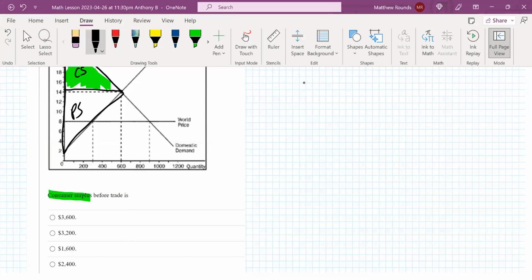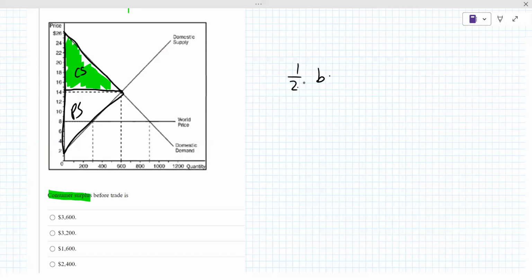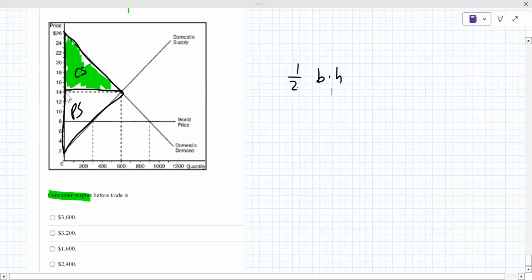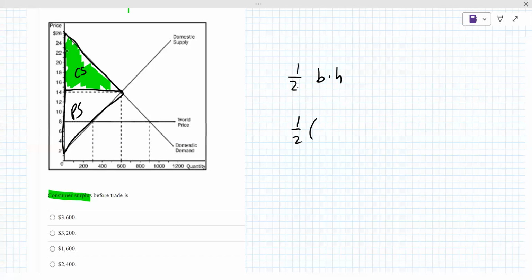So that's 1/2 base times height. Your choice which one you do the base on. Typically I use this one for the base, which is maybe odd, but in my opinion it's always kind of nice to do. That's 26 minus 14. The height is the width, is the way I think of it.